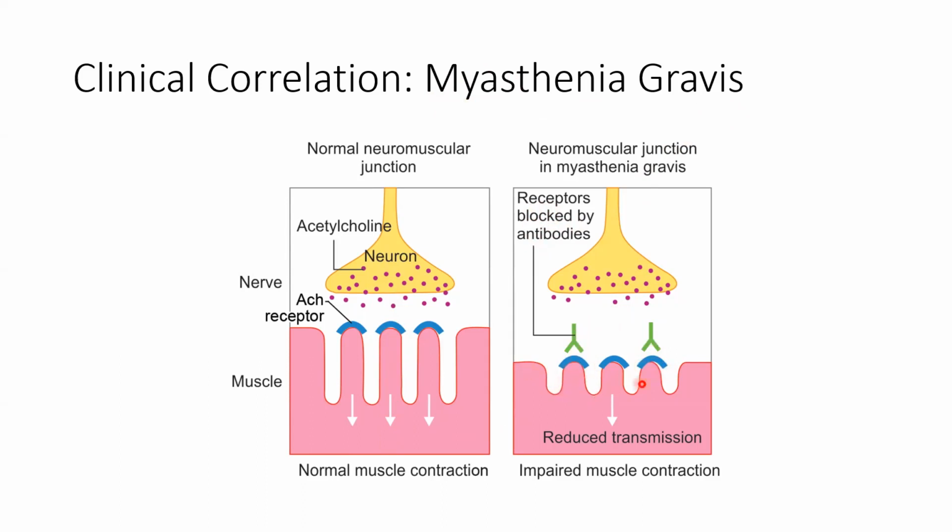So these receptors also reduce in this disease, and there is reduced transmission. In this disease, these muscles fatigue easily, right? You find it difficult to move the muscles. For example, these patients find it difficult to close their eyes and move their hands like that.